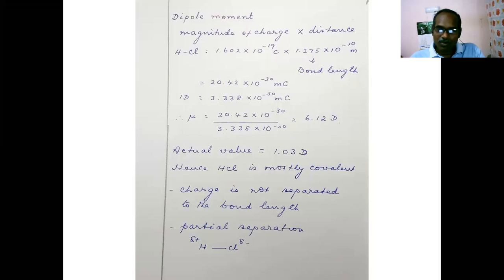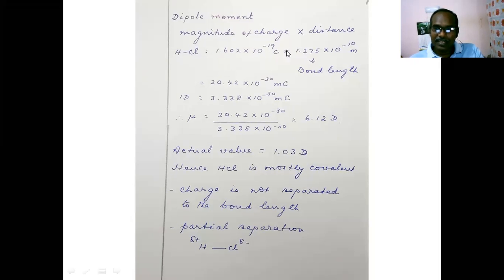So watch closely what we have done. We have assumed a complete transfer of electron from hydrogen to the chlorine. Therefore, we are assuming unit charge. One unit charge is 1.602 into 10 power minus 19 coulomb. Now the bond length is taken as the distance between the hydrogen and the chlorine, and consequently it is taken as the distance between the plus charge and the minus charge.